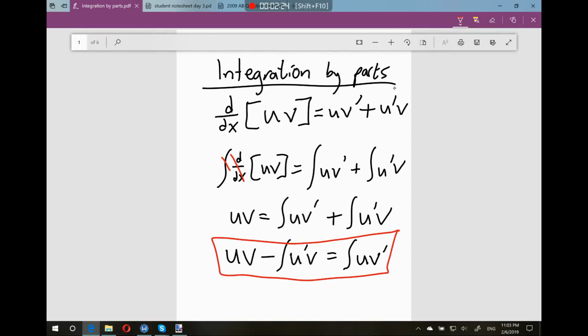Now the cool thing about this formula and the reason why it's so useful is because if you notice, we never actually had to integrate whatever we pick for u. We only derive what we picked for u in this formula, and we integrate whatever we pick for v prime. So if we have some part of our function that we cannot integrate normally, for instance natural log, we can integrate it using this formula because we won't have to integrate that part.